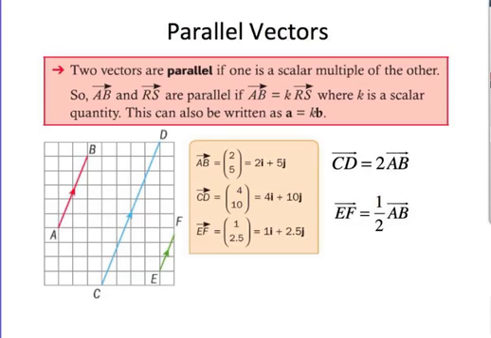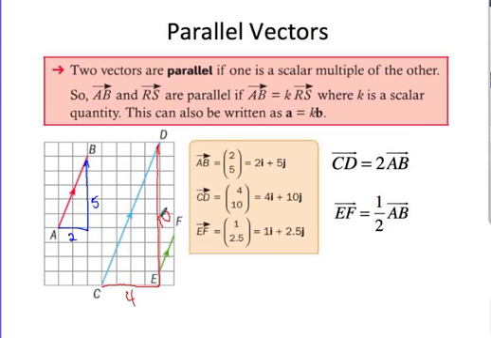So here, on this vector AB, components are 2 and 5, and vector CD, its components are 4 and 10. And obviously, the length of CD will be twice that of AB.